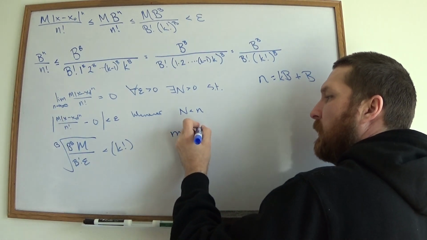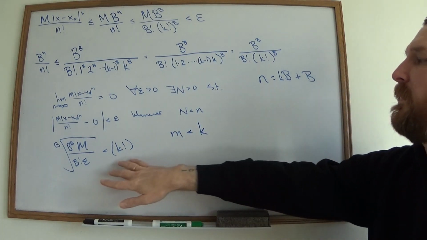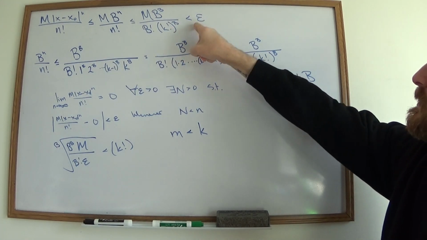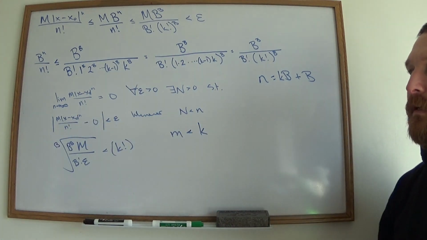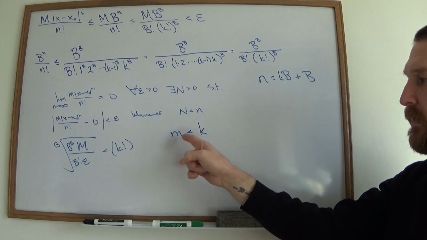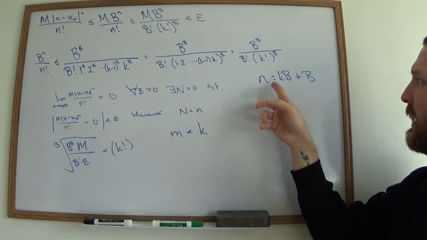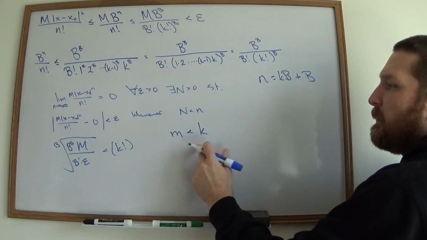We found our lowercase m, which says, okay, whenever k is beyond m, then this is true. Whenever this is true, which makes the thing that I actually care about less than epsilon, which is the thing I'm trying to show, right? And so now we found this m, the m exists, but we need an N, let's see. So let's multiply both sides by b.